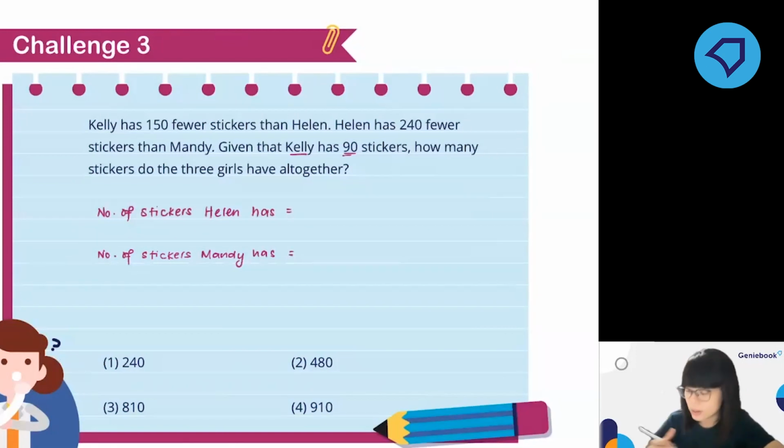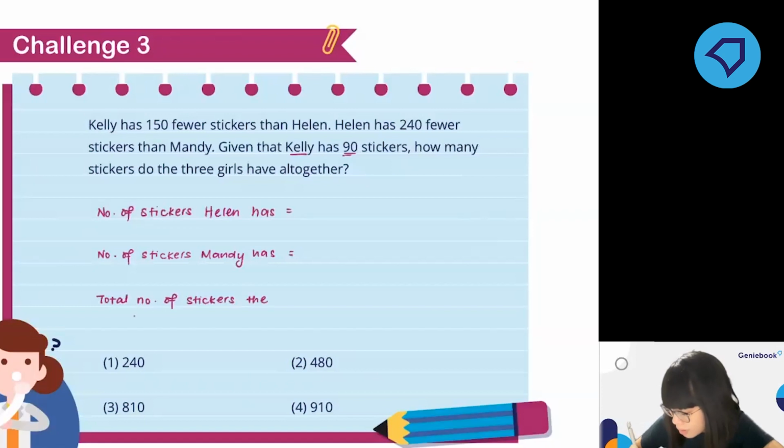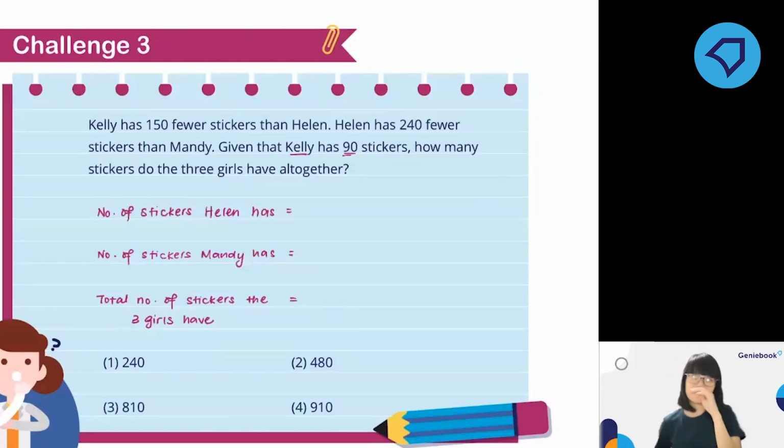After you find that, then you can find the total number of stickers the 3 girls have. Okay, so this one, 3 steps. What do you need to do?